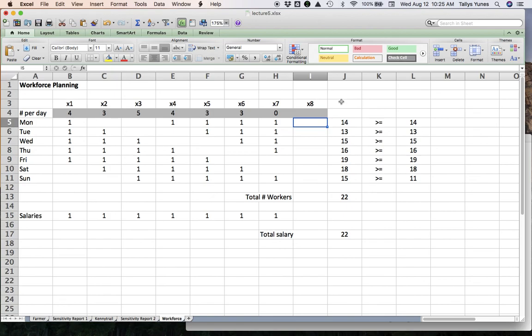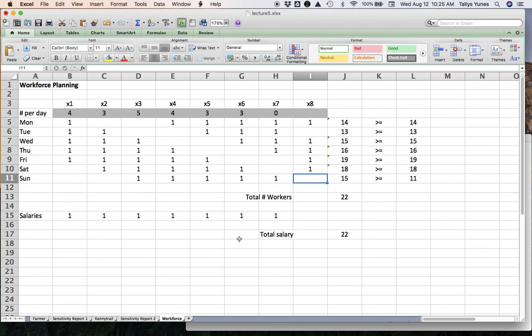Well, they say the off days are Tuesday and Sunday, right? So they would be on duty all the other days. You work Monday, not Tuesday, Wednesday, Thursday, Friday, Saturday, and Sunday they're off. So if we were to write the math, this x8 variable would appear with a 1 in front of it in the Monday constraint, Wednesday, Thursday, Friday, and Saturday, also with a 1, and wouldn't appear in the Sunday.